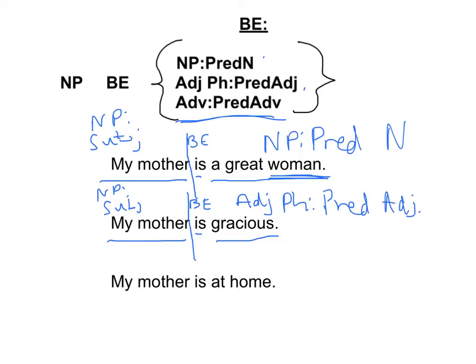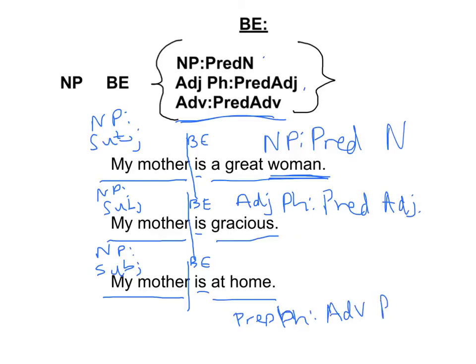Okay? My mother, noun phrase subject, is, be, at home. Now, it's describing where my mother is. This is actually a prepositional phrase again, and a lot of times prepositional phrases will act like this. But this is an adverb phrase.